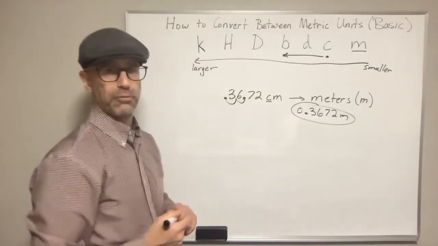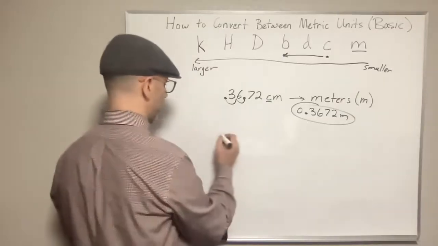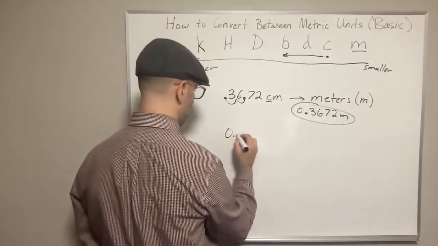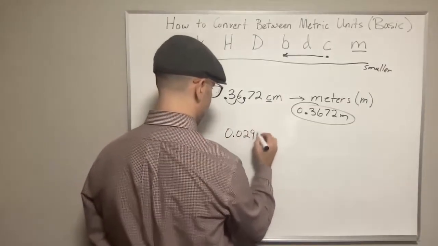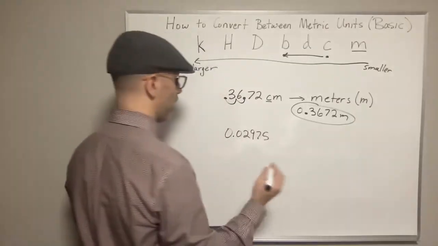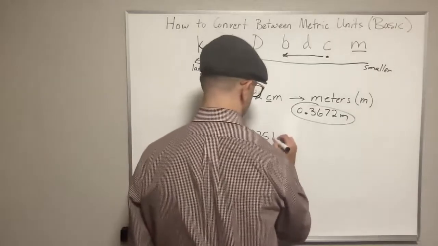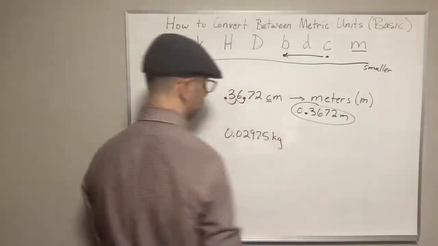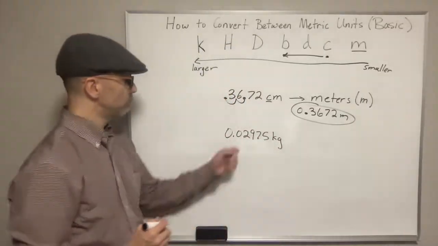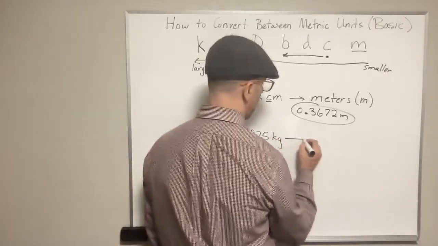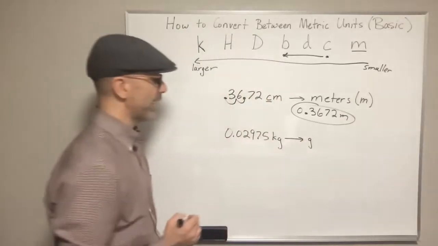Okay, let's try a different number. Let's say I have 0.02975, let's say kilograms. So I want to go from kilograms, and they want to know, well, how many grams is that?